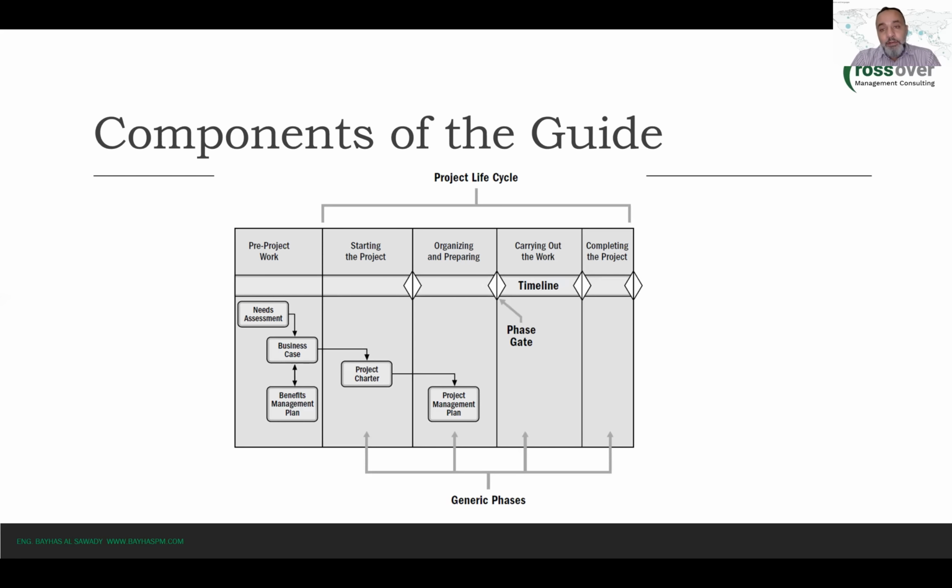And the last generic phase is what? When you have created all the required deliverables and they are accepted by the stakeholders, then what's left is to close your project, right? To complete your project by making sure that you hand over everything and you archive all your project documents and you make sure of transition and so on, right?